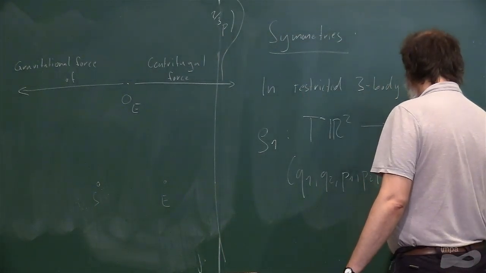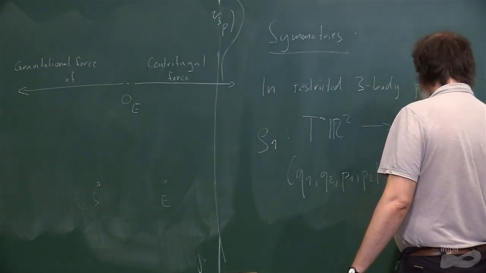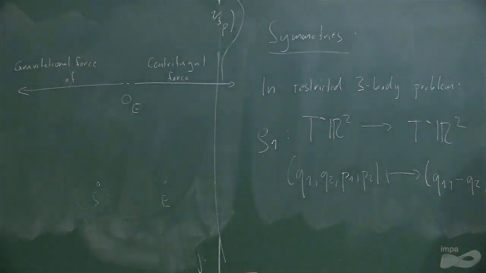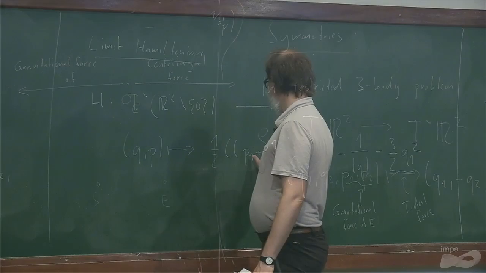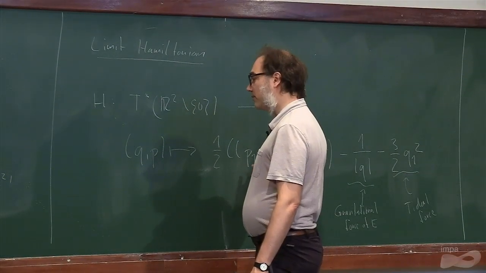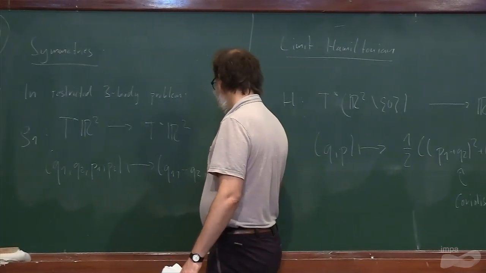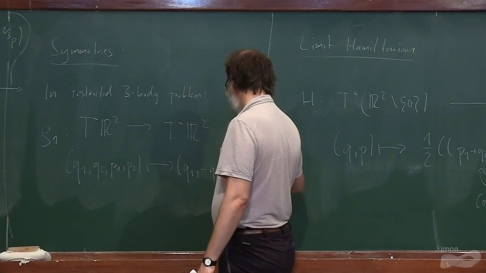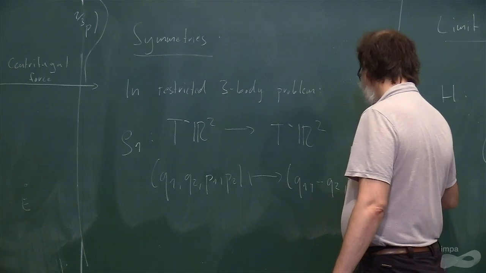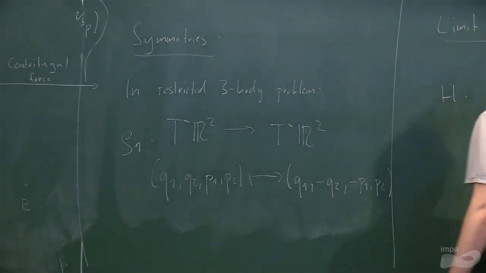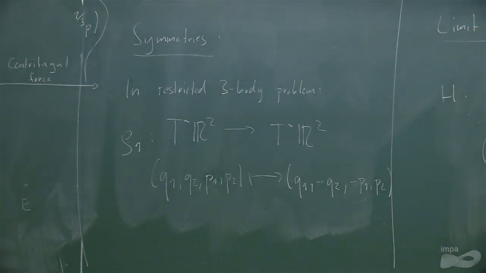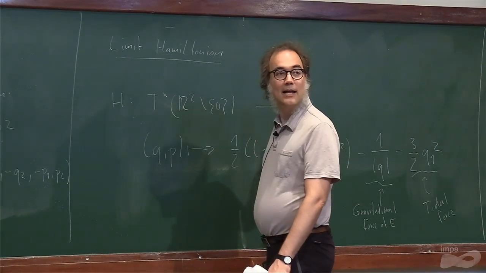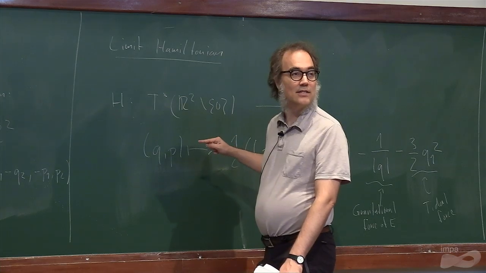So we have q1, minus q2, but then because we also have the Coriolis force, we have to make the Hamiltonian invariant, so we have to put here minus p1, p2. You see that this term gets two minus signs, and the square vanishes again.